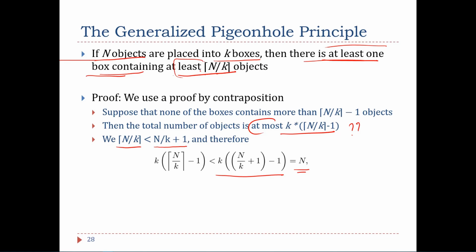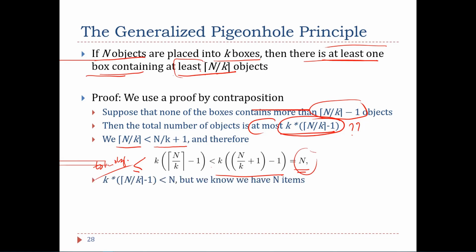On the other side, you get the total number of objects that you can accommodate in k boxes, which is clearly less than n. So there must be at least one of the boxes with at least the ceiling of n over k, and not less than that.